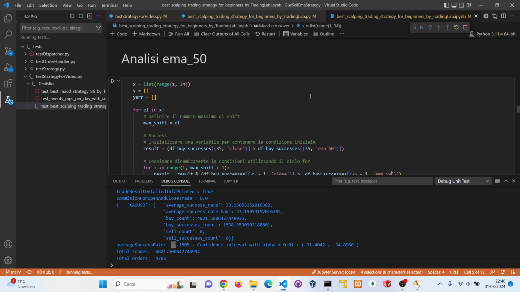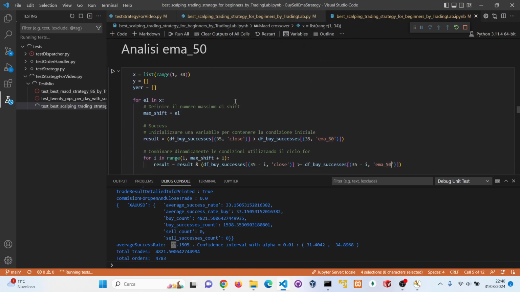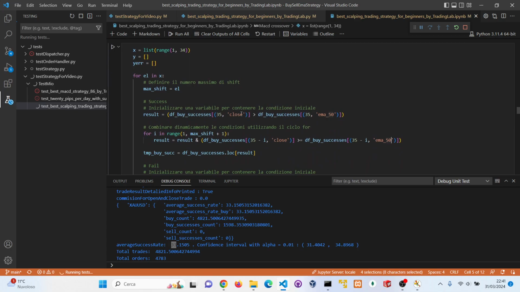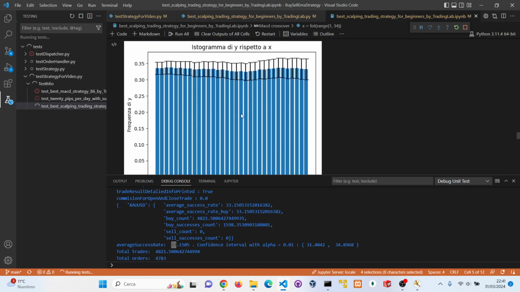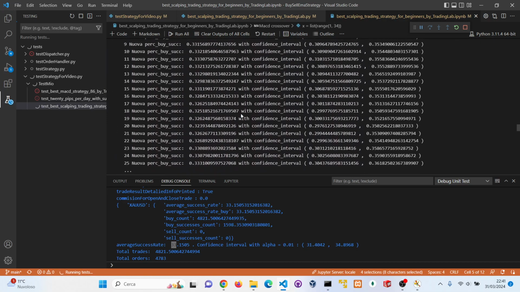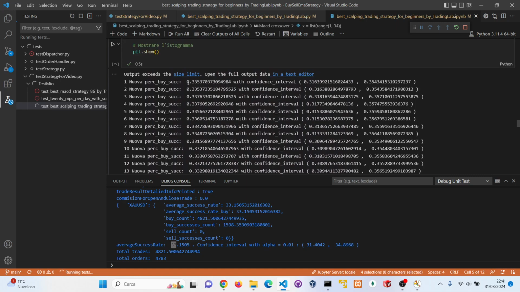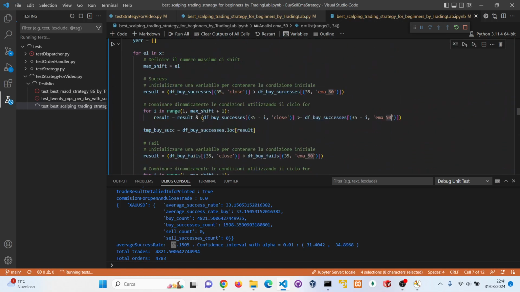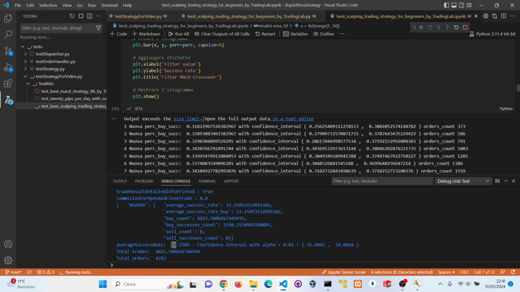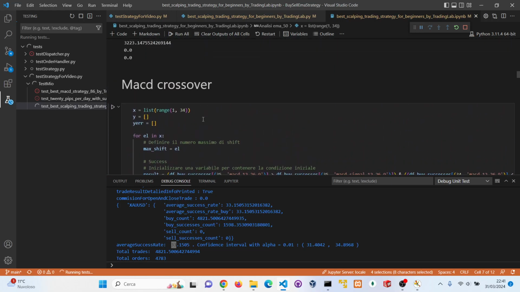I have also tried with the EMA 50 to check if the candles before the engulfing candle were above the EMA 50, changing the interval to check, but again the average success rate was not much better. So the only filter I would add is this one. So check if there is at least one MACD crossover.